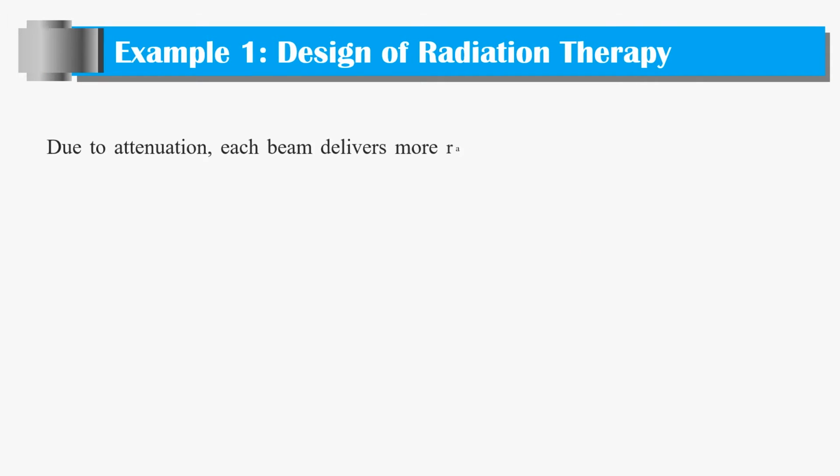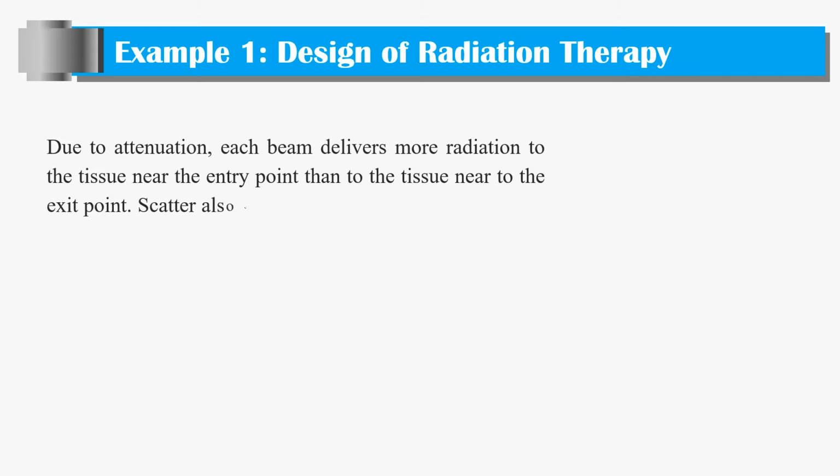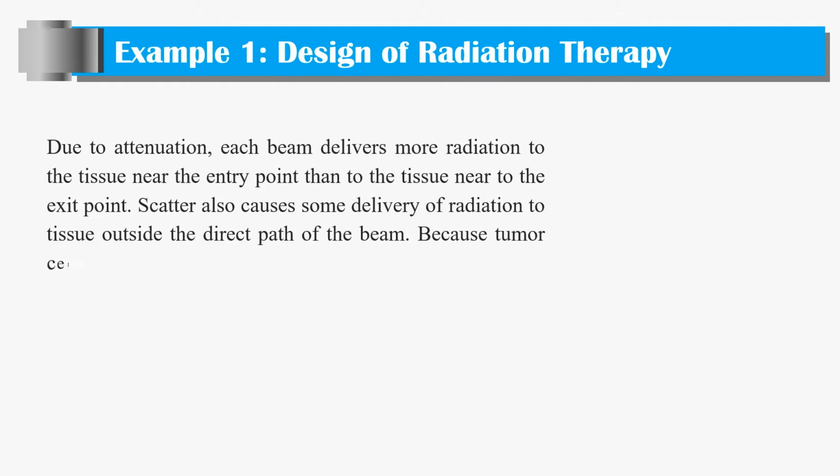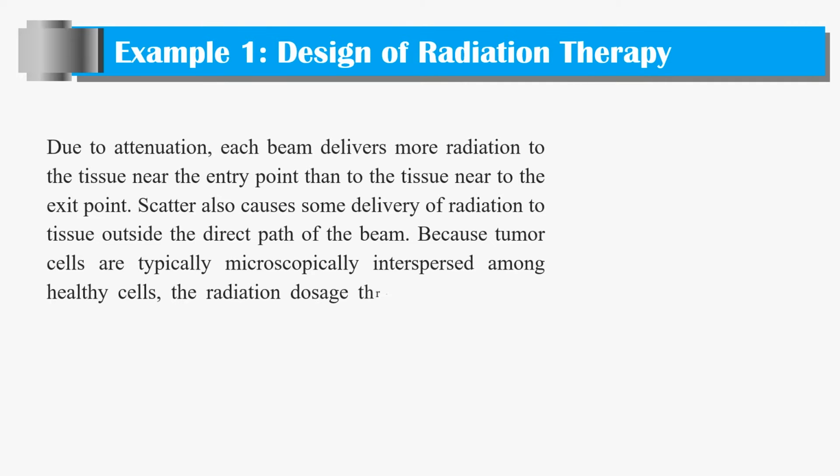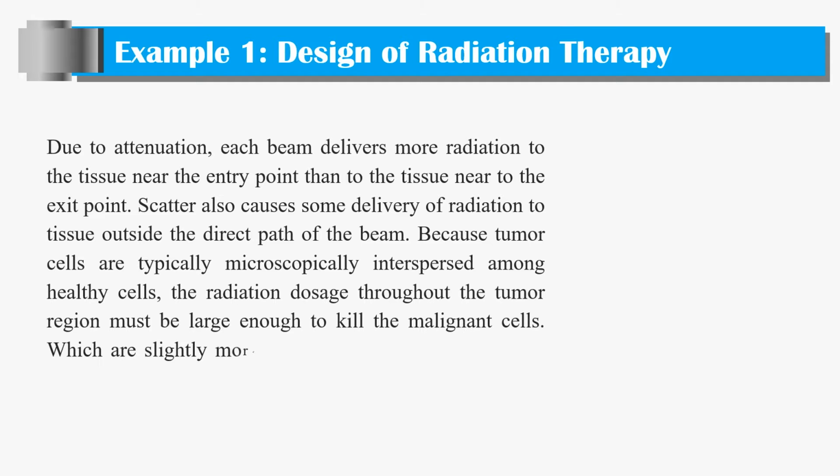Due to attenuation, each beam delivers more radiation to the tissue near the entry point than to tissue near the exit point. Scatter also causes some delivery of radiation to tissue outside the direct path of the beam.